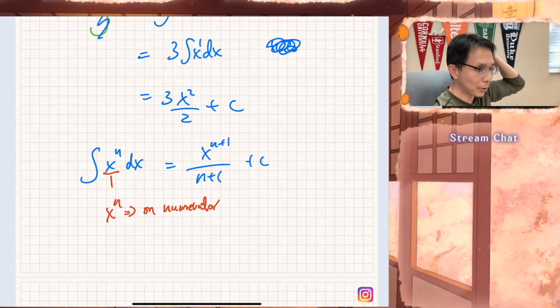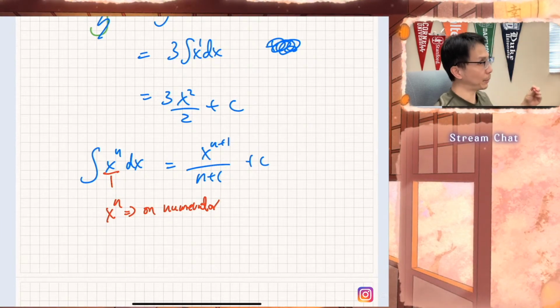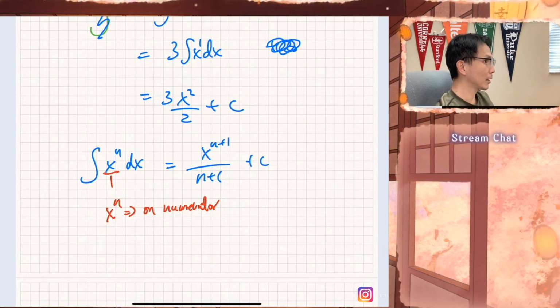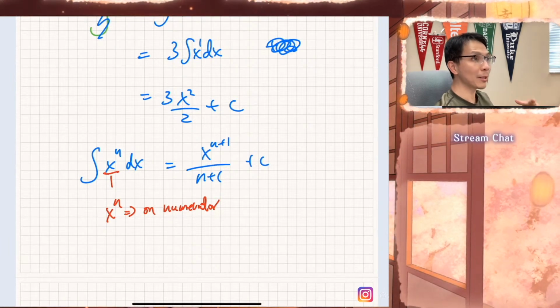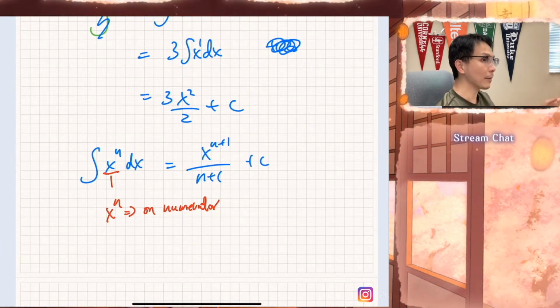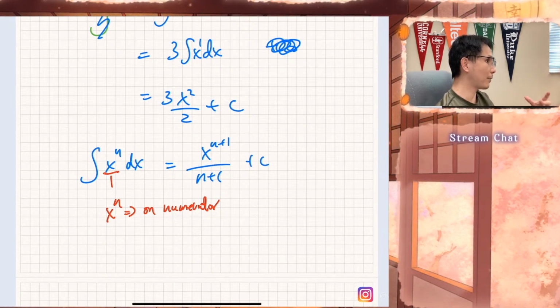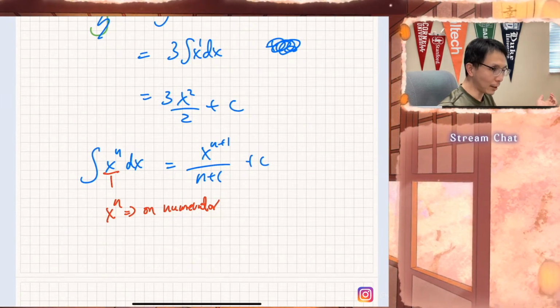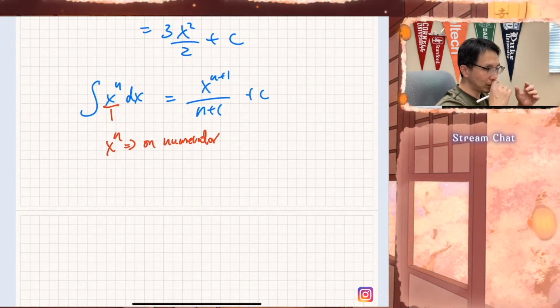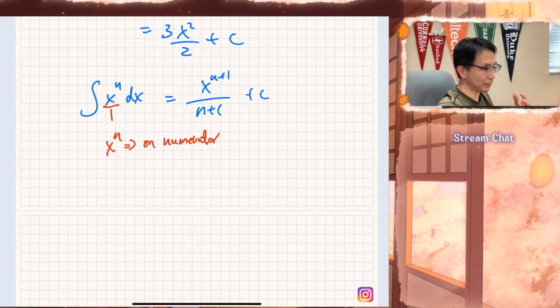So that's why I tell students it's always very important to rewrite something before you take the integral. Rewrite something, thinking about algebra all the time, because algebra is going to be the foundation of everything else. So then you say, okay, well, what does that mean?